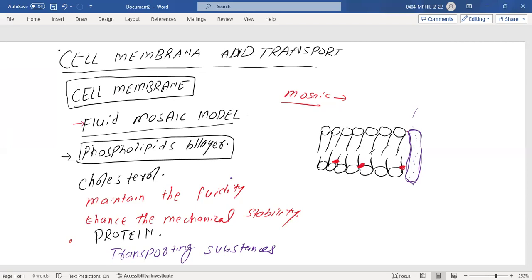All right. So its function is transporting substances across the membrane. Are you getting?